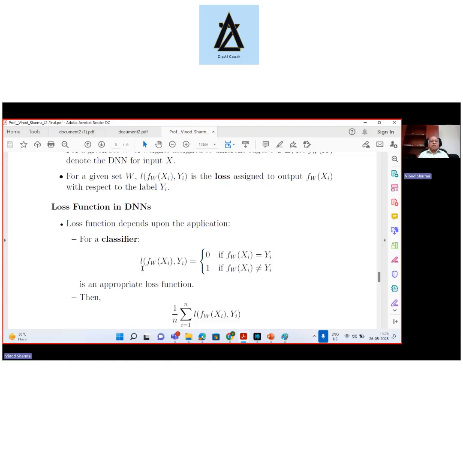We can choose a loss function such that it is equal to 0 if the neural network classifies xi as the same object as its corresponding actual yi, and equal to 1 if the class given by fW(xi) is different from the actual class of xi. So for classification, this is an appropriate loss function.